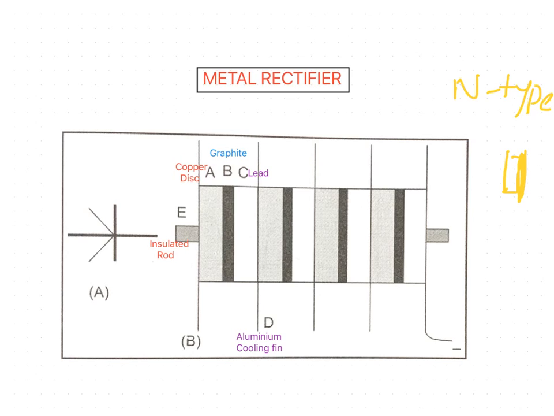When the rectifier is connected into a circuit with the copper negative in relation to the copper oxide, current passes more easily than when the polarity is reversed.